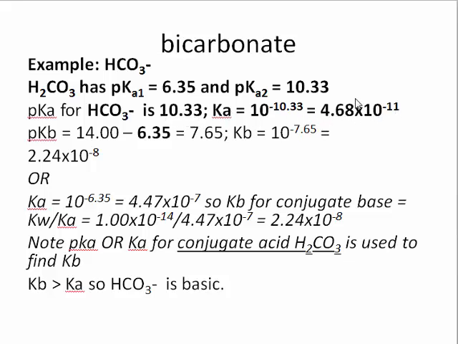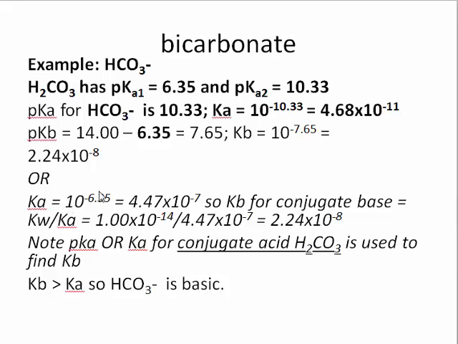In other words, its Ka is 4.68 times 10 to the negative 11. To find pKb, we can take 14 minus 6.35, which is 7.65. And take the antilog of negative 7.65, we get 2.24 times 10 to the minus 8.